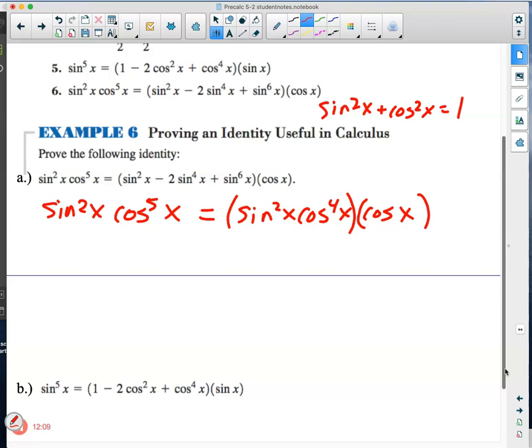It's got powers in it. So let's see, if I could break this up into cosine squareds, then I could substitute 1 minus sine squared in for it. So let me break that up. And don't forget your equals. Remember, those break up your steps.